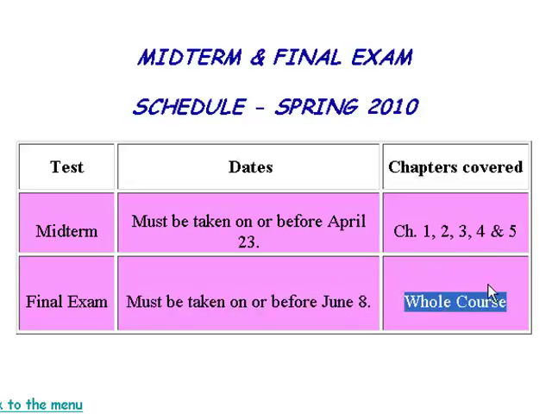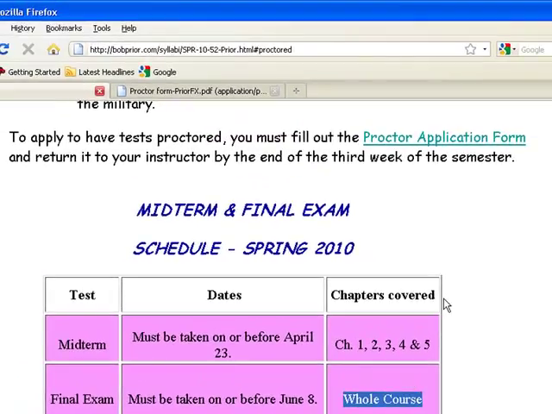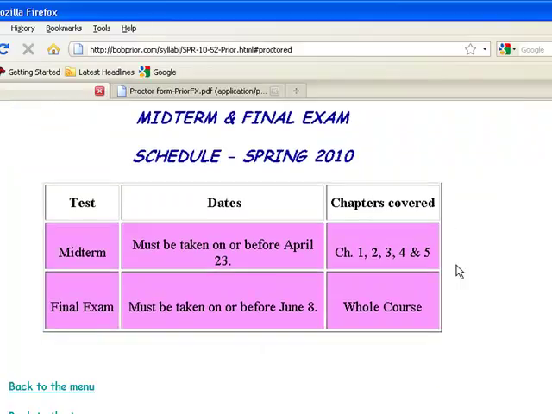So this is a comprehensive final exam covering from Chapter 1 up to Chapter 10, and you'll be responsible for all of that material. I will have sample final exams available to you with answers so you can check your work, but that's basically how it works to take the proctored test.